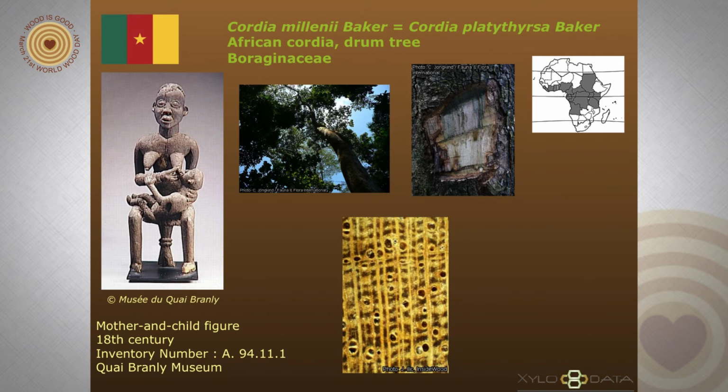The wood of Cordia millenii is mainly used locally and has no importance in international trade, but the wood in some grades resembles African mahogany, khaya, and entandrophragma, and it has been exported as a substitute.